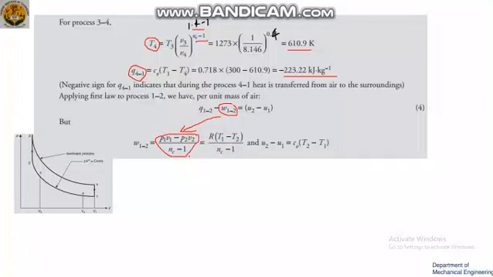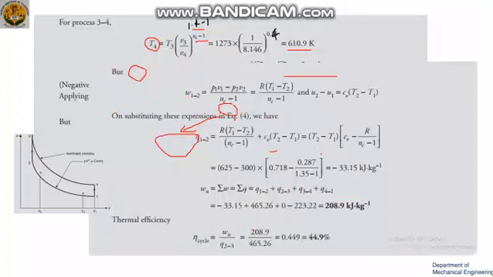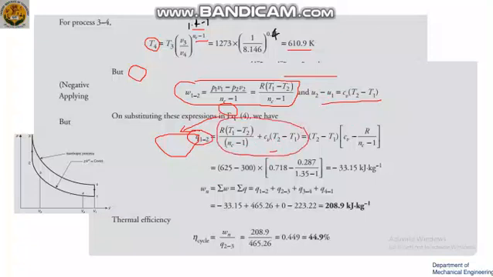Here n is 1.35 and delta U, U2 minus U1, is equal to CV into delta T. So as you can see here, this is W1 to 2, written as R into T1 minus T2 divided by n minus 1, and this is delta U, which is CV into T2 minus T1, and Q1 to 2 is calculated from this expression.